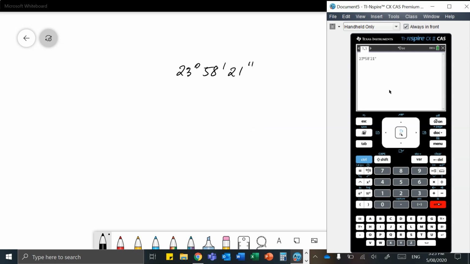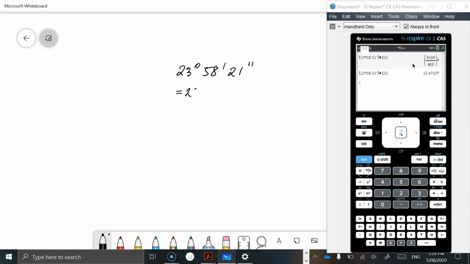That's what we have here in DMS form, and we want to convert it, so scroll down to decimal degrees, hit enter, and then put it into approximate. So 23.9725 degrees is what we've got from DMS form back to decimal form.